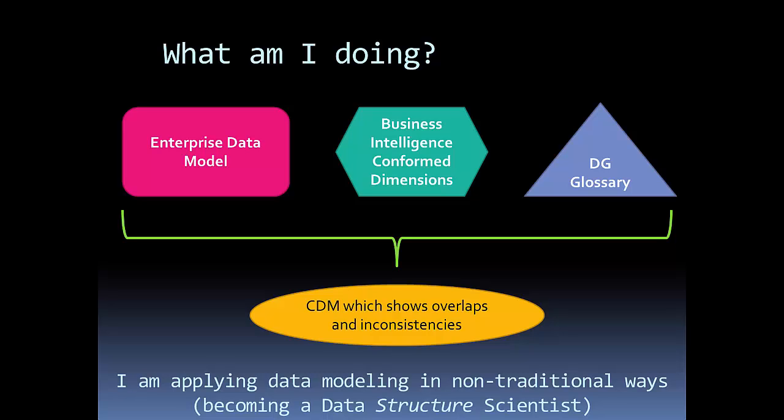I took these different artifacts, each being fairly complex and comprehensive, and I used my skills at simplifying things to build a conceptual data model. And on this conceptual data model, this CDM, I show the overlaps and inconsistencies across these three artifacts.